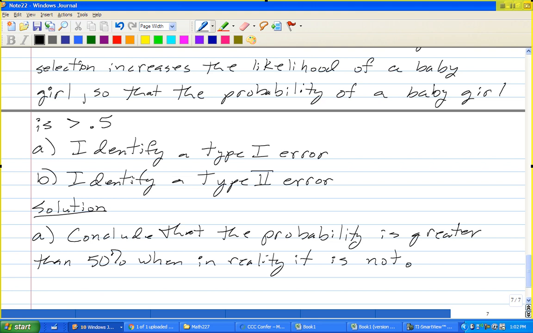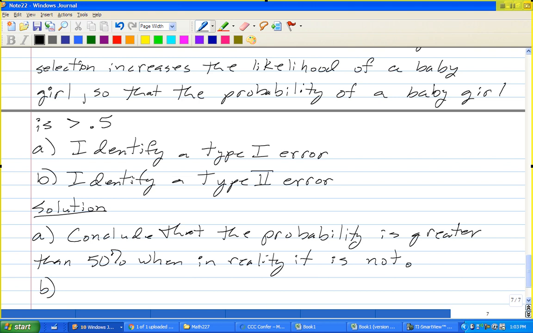But in reality, you just happened to pick a sample with a whole bunch of baby girls, but in general, this method doesn't really have more baby girls. So your data falsely led you to this conclusion where you thought that there were more baby girls, but in reality, there's not. So a type 2 error.